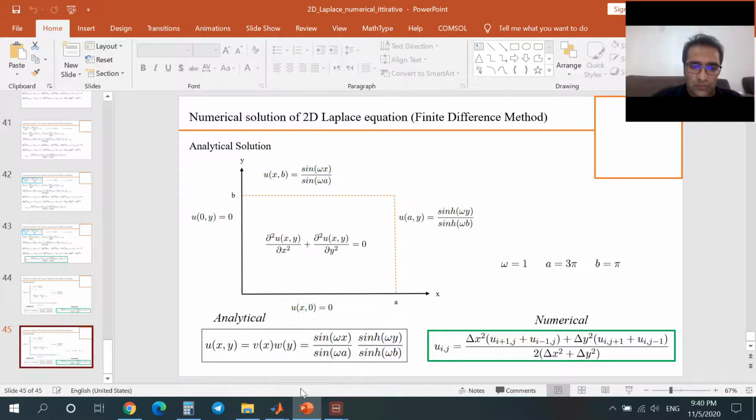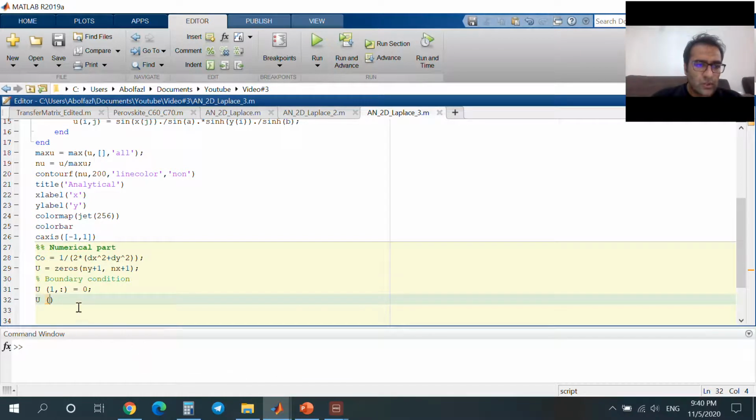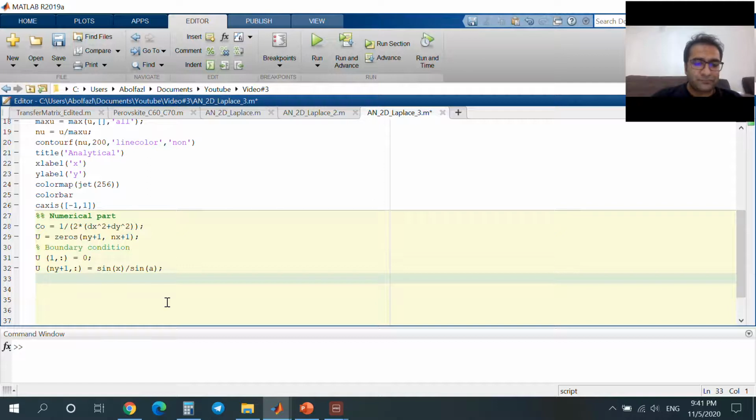So it should be at ny plus 1, in the ny plus 1 row and all columns, it should be sine a sine x, right, divided by sine a, right?